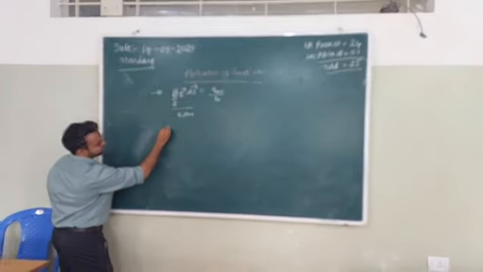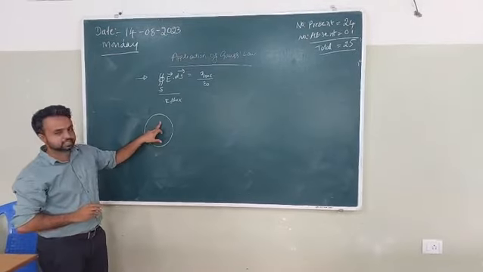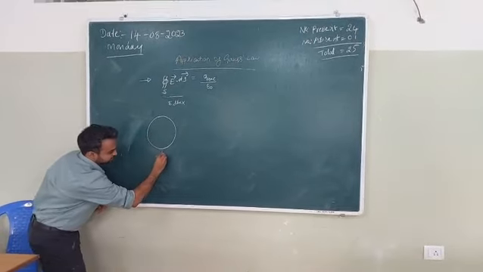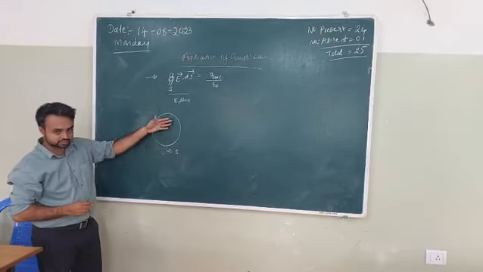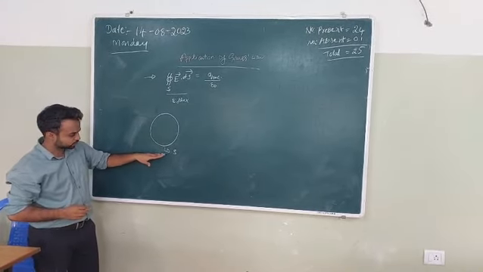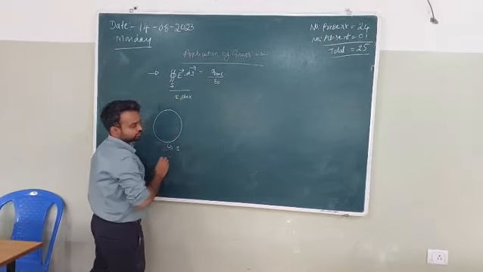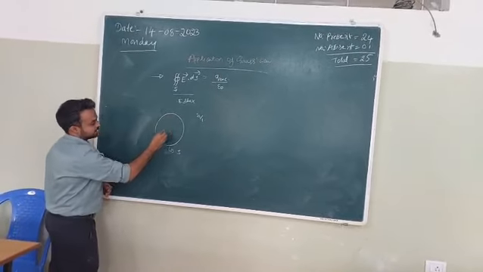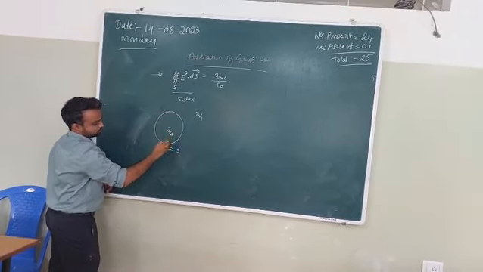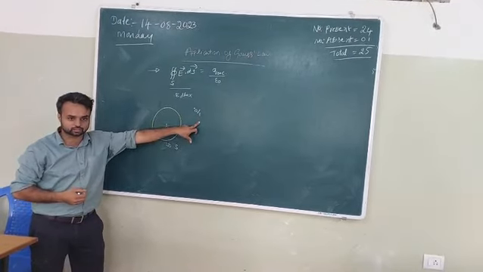For example, let me draw a figure here. This is a closed surface. I will call this S. If this closed surface encloses any charge, that is nothing but Q enclosed. For example, if there is a charge Q1 here, and there is a charge Q2, then this surface encloses charge Q2, not Q1.